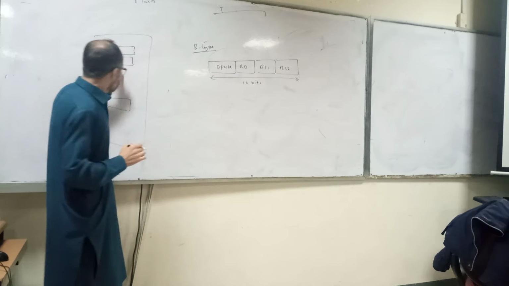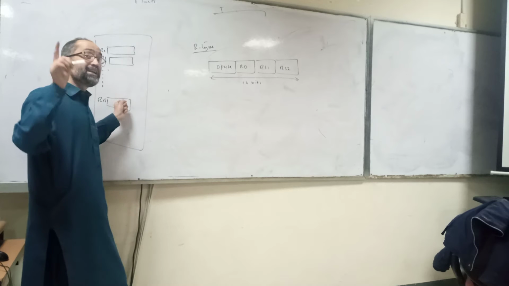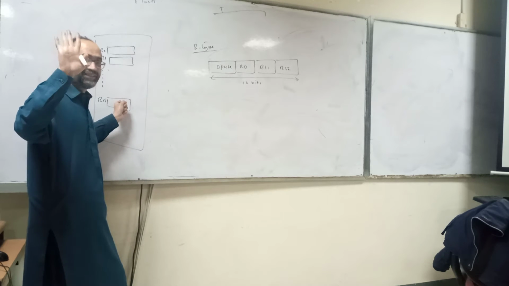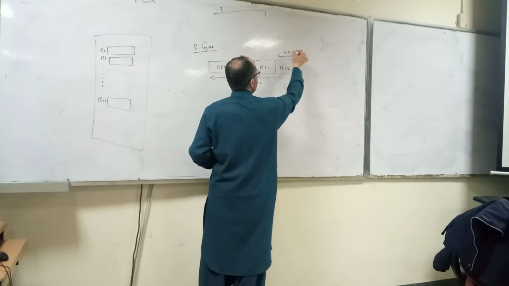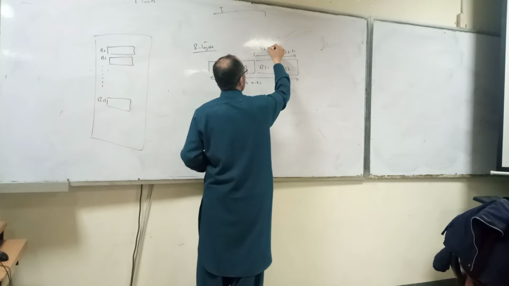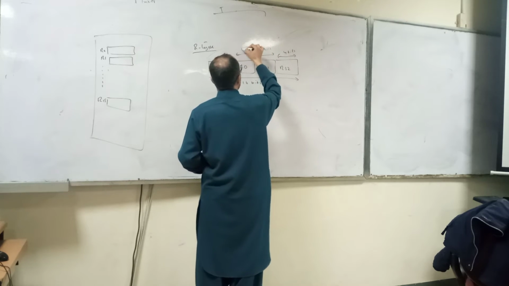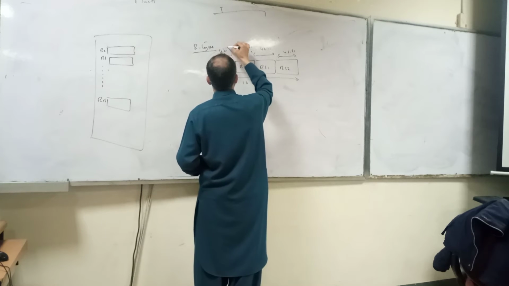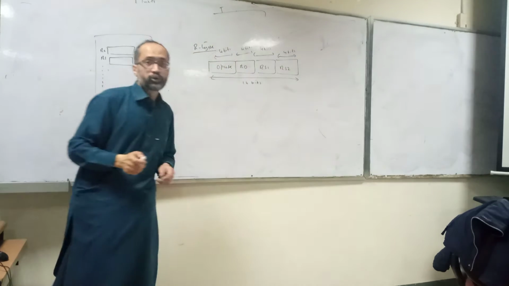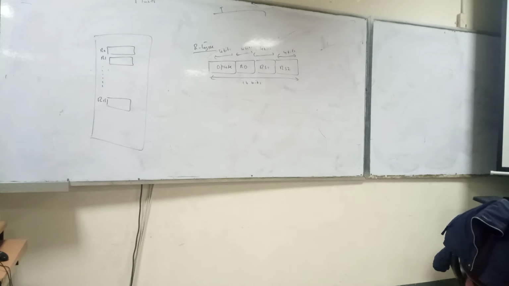Okay, how many bits can be used to identify each individual register? 4 bits. So we need 4 bits for RS2, 4 bits for here and 4 bits for here. And let's assume that we have 4 bits for the opcode. When we have 4 bits for the opcode, it means that the microprocessor can now support 16 instructions.